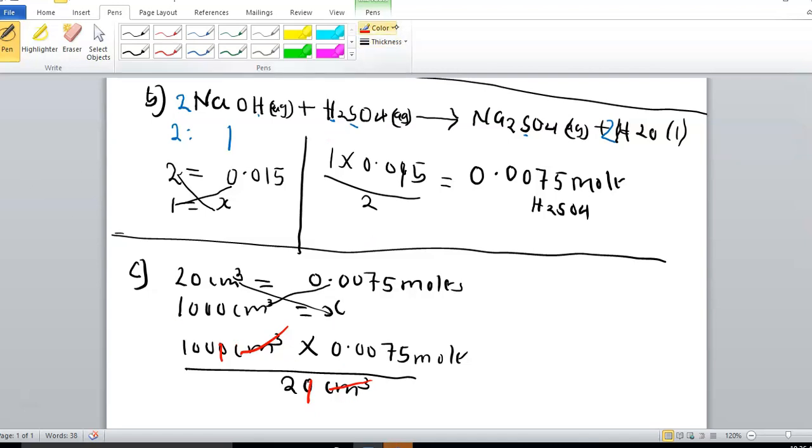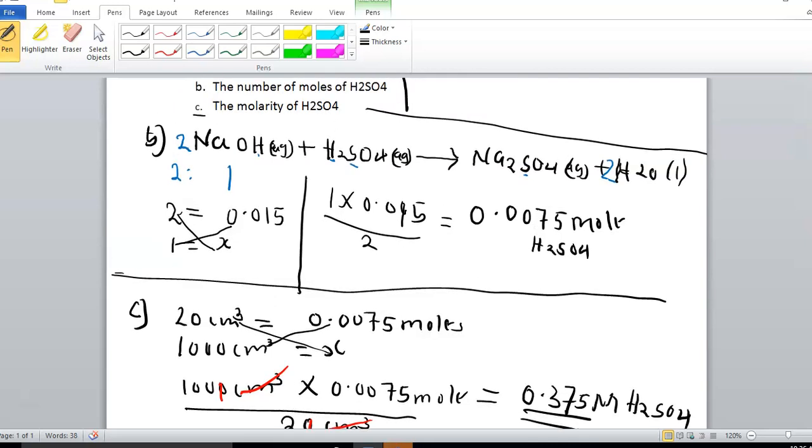Our molarity therefore is equal to 0.375 molar of sulfuric acid. This is the molarity of sulfuric acid used. So that's how you do it step by step.